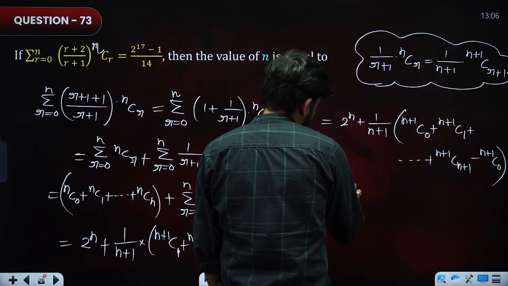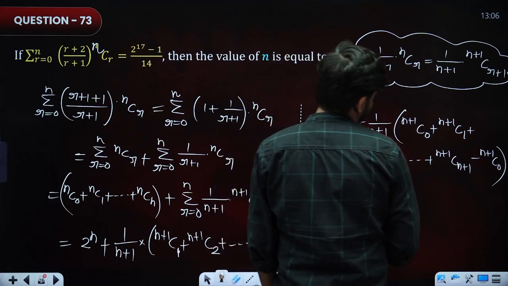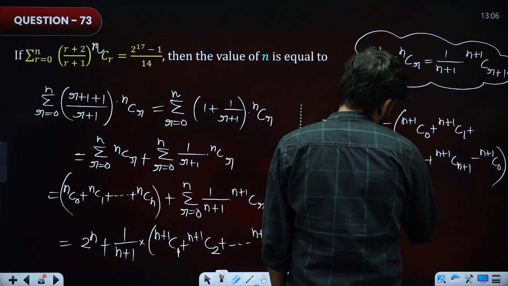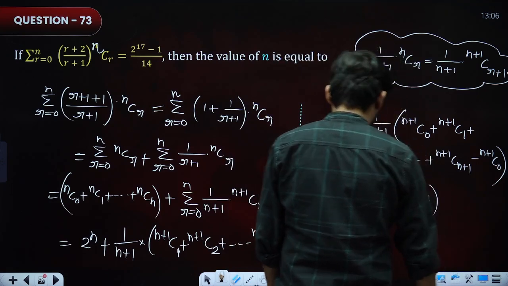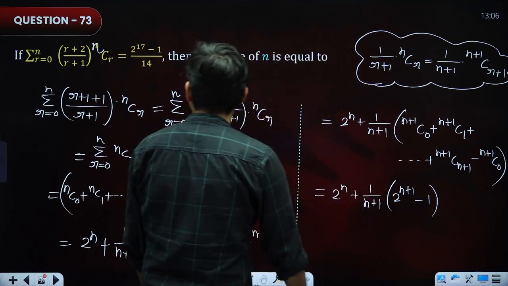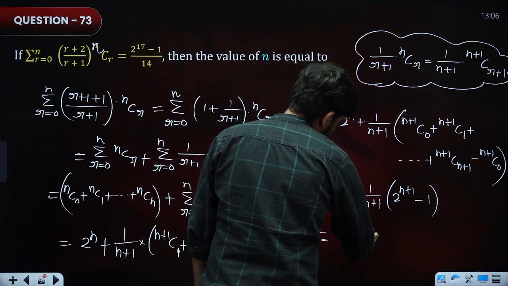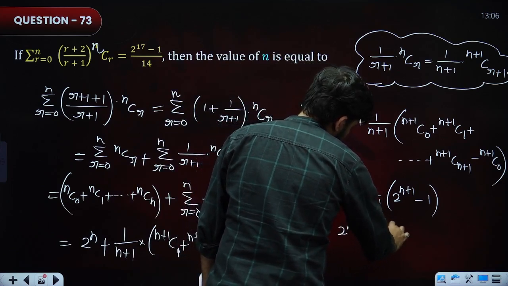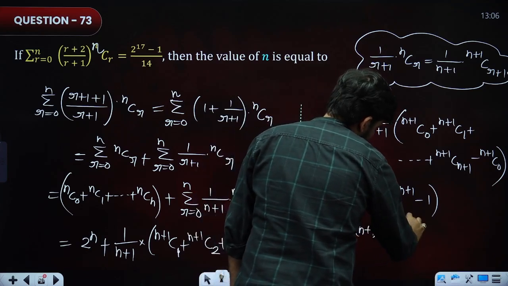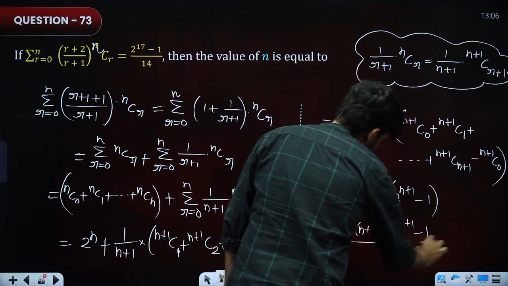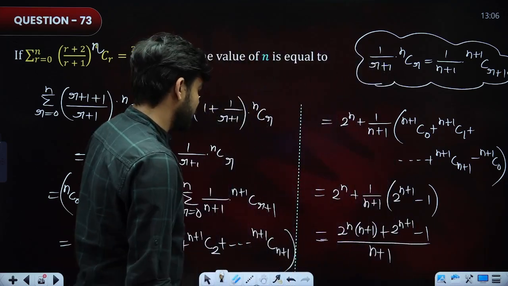Now for that case, 2 raised to n, and this part is 2 raised to (n plus 1) minus 1, correct? That's how we can write it. So here we have 2 raised to n into (n plus 1) plus (2 raised to n plus 1 minus 1) upon (n plus 1). Okay, try to write it in this form.